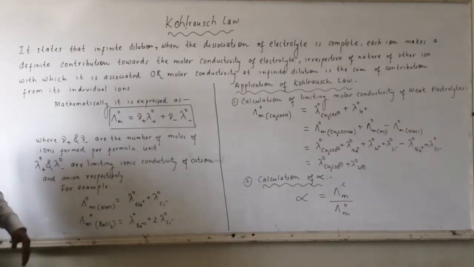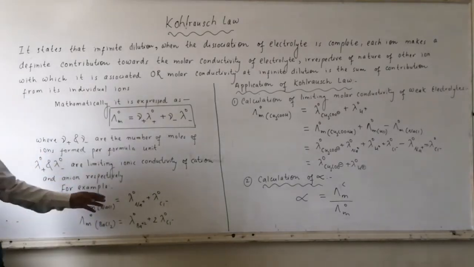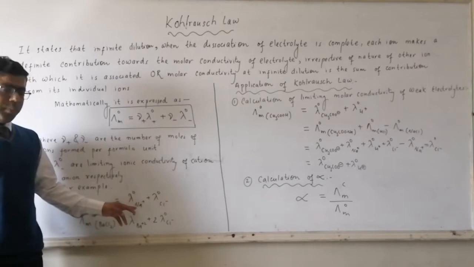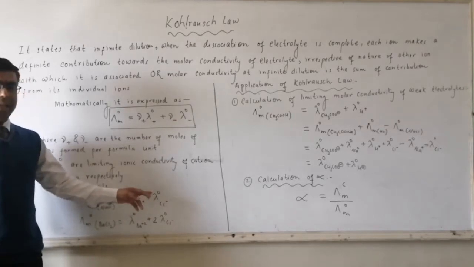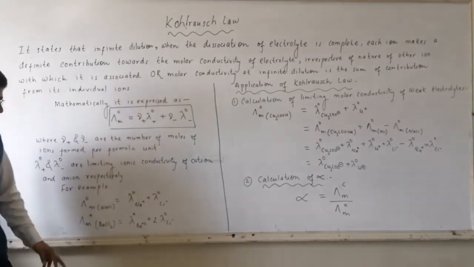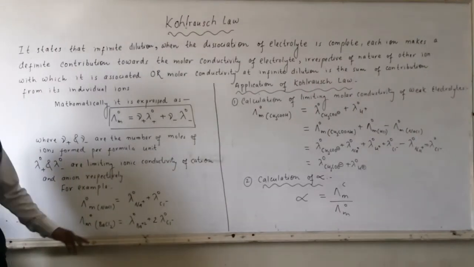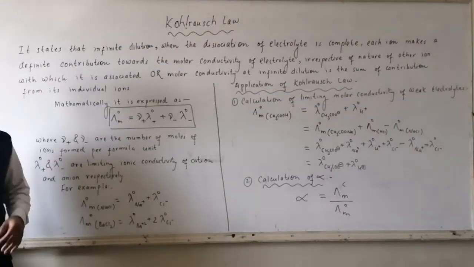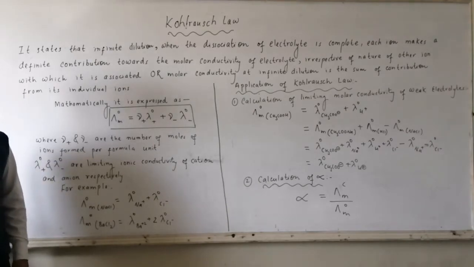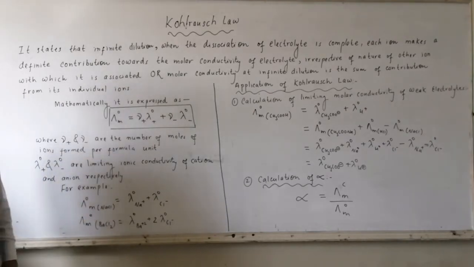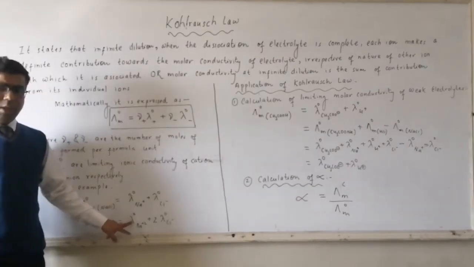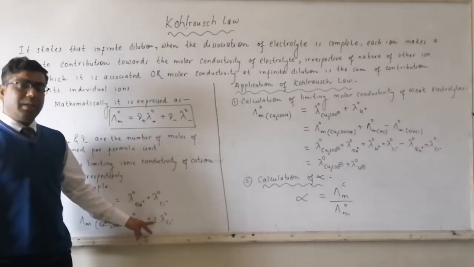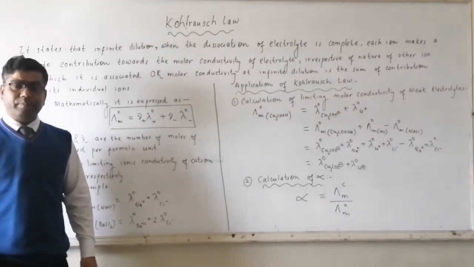If we want to write for NaCl, the limiting molar conductivity for NaCl can be written as: NaCl forms 1 Na plus and 1 Cl minus per formula unit. So it will be equal to the limiting ionic conductivity of Na plus plus the limiting ionic conductivity of Cl minus. For BaCl2, per formula unit we obtain 1 ion of Ba 2 plus and 2 ions of Cl minus, so it is equal to the limiting ionic conductivity of Ba 2 plus plus 2 times the limiting ionic conductivity of Cl minus.